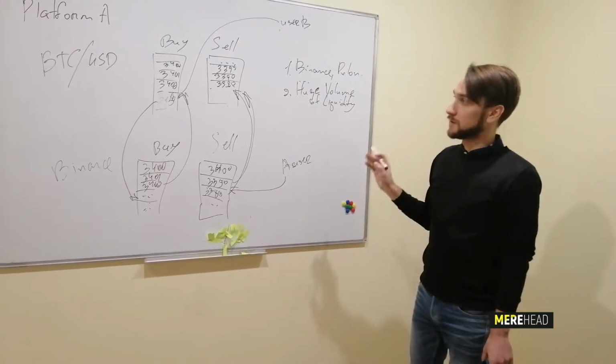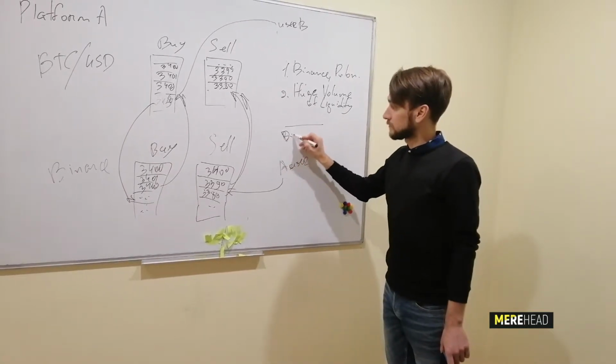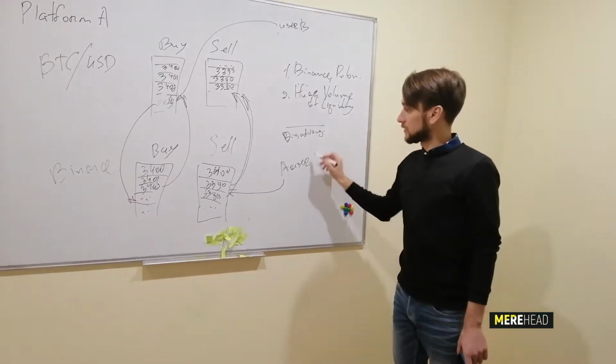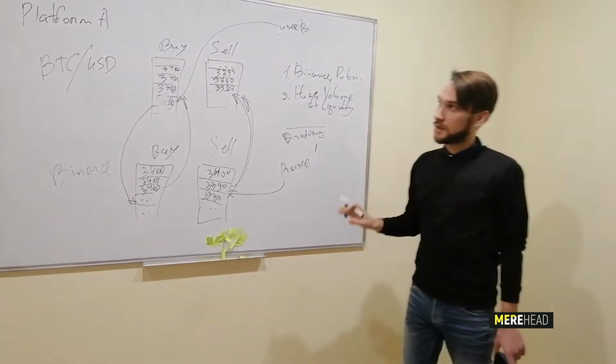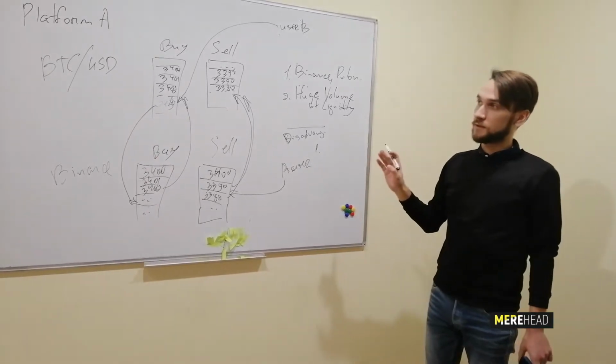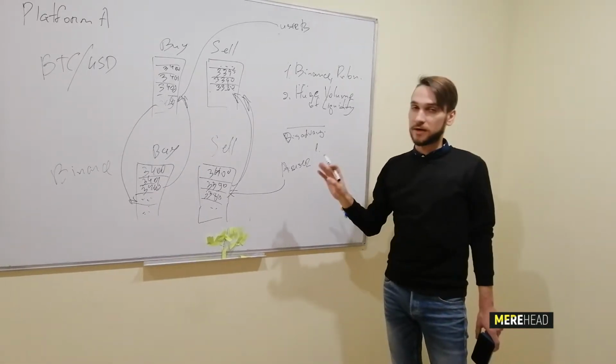Now let's talk about the disadvantages. The first thing is you have very limited access to trading pairs. We cannot take liquidity for all possible trading pairs, but only for those pairs that Binance provides.